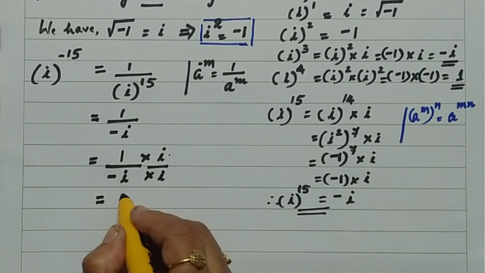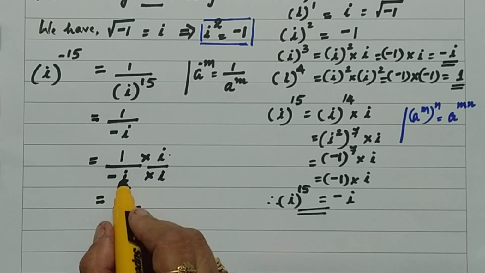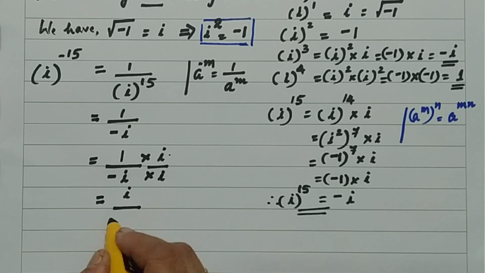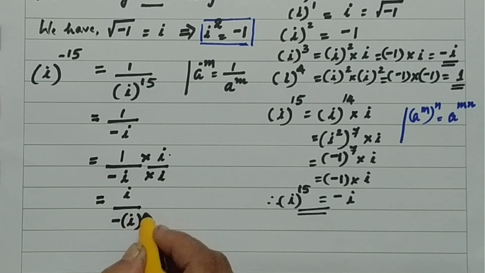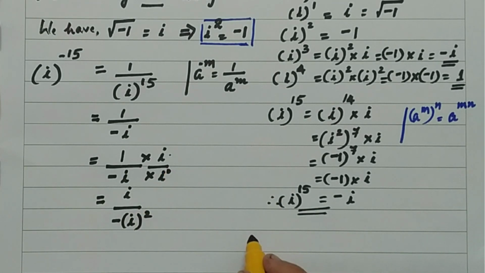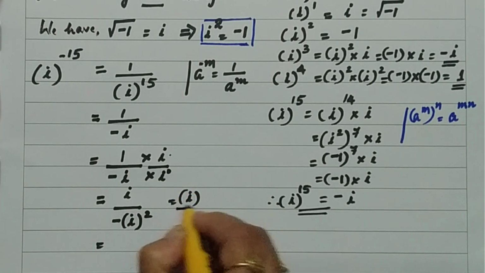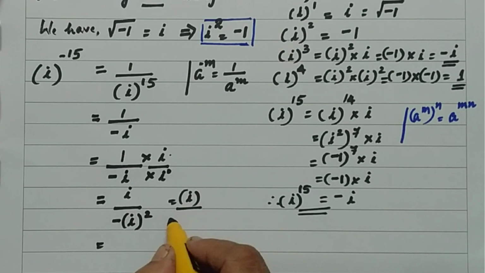Now, your numerator equals 1 into i is i, by your denominator, which is minus i into i, that is minus i square. Multiply the numerator and denominator with i, you get minus i into i equals minus i square. The numerator is i itself, by minus, keep the minus there.